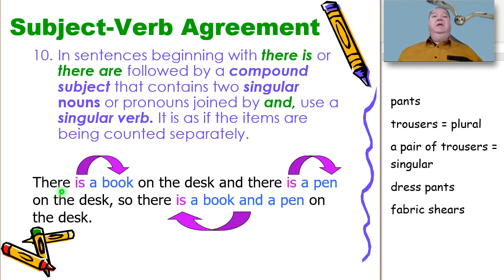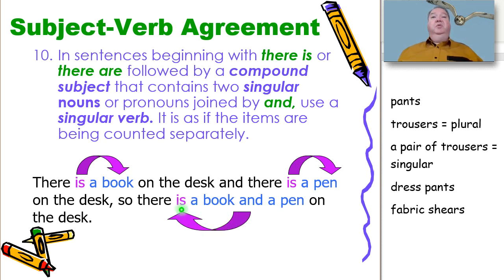For example, if we say there is a book on the desk and there is a pen on the desk, so there is a book and a pen on the desk. A book and a pen, compound, joined by and. We think of them individually, so we still just use is, singular.